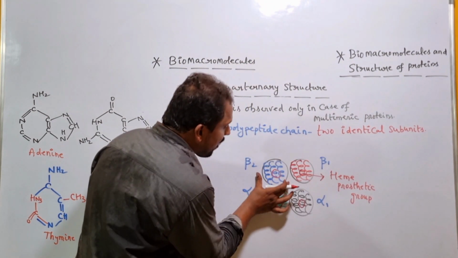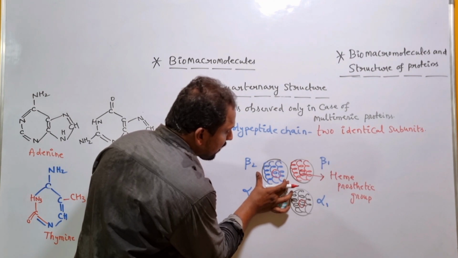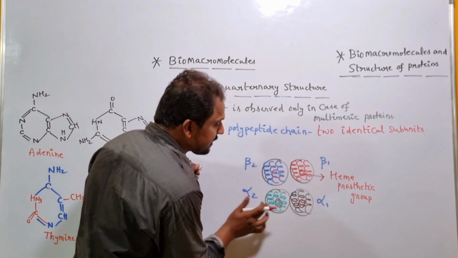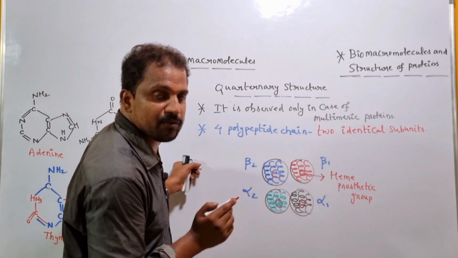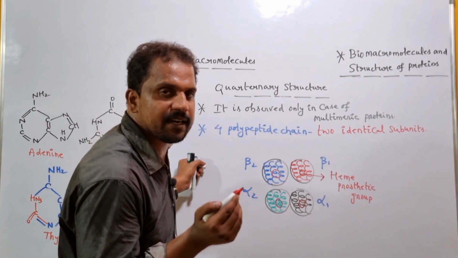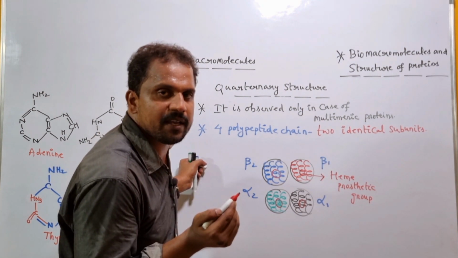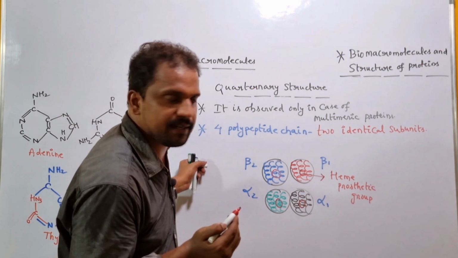One specific subunit in the quaternary structure may remain on the surface of the other subunit. So in order to study the quaternary structure of protein, we can take advantage of adult hemoglobin. Is it clear?